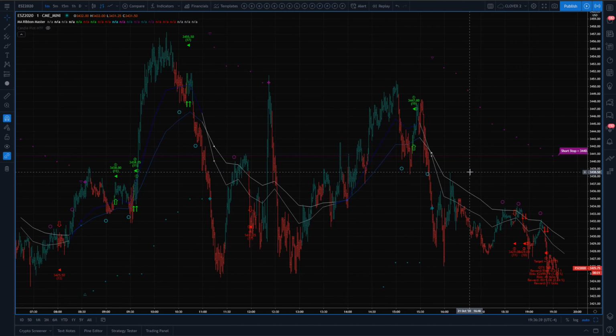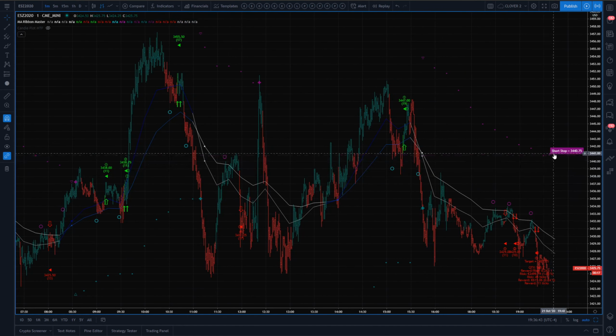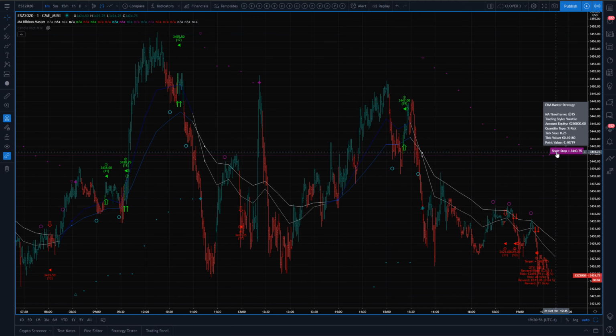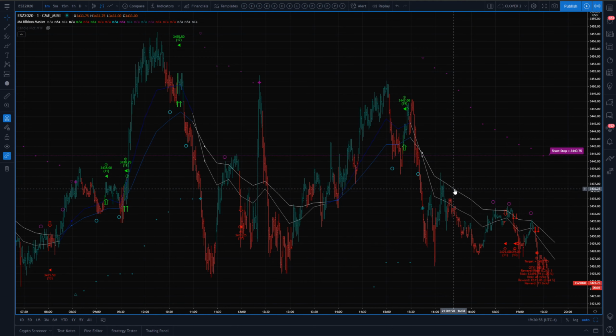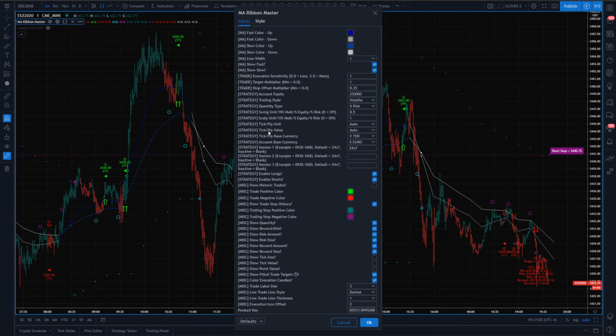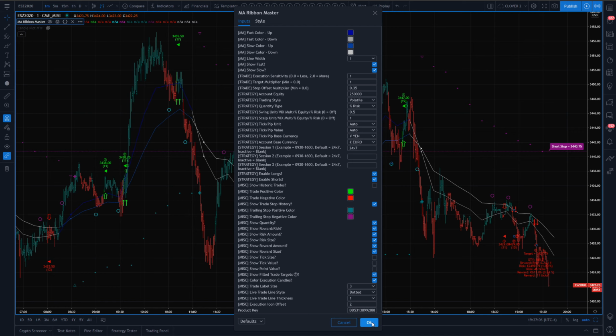If the auto parameters do not work, and again, you can see this just quickly by hovering over the stop at any time to see the tick size, tick value, or point value, these should agree with what you're actually dealing with. If they don't, then you can adjust the tick unit, and you can adjust the tick value if it's not in agreement.